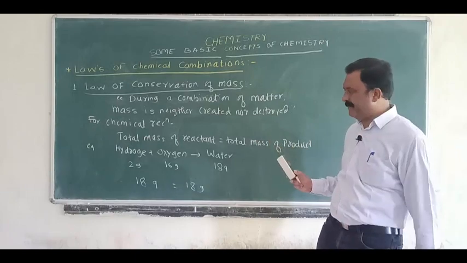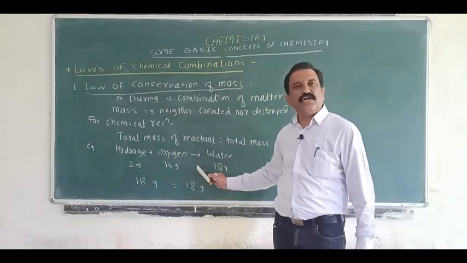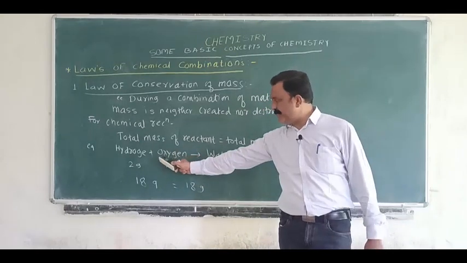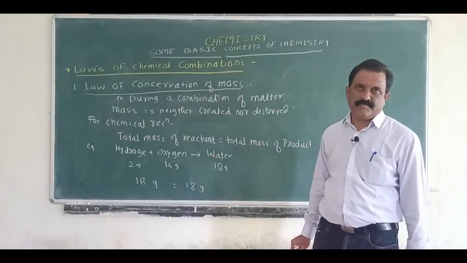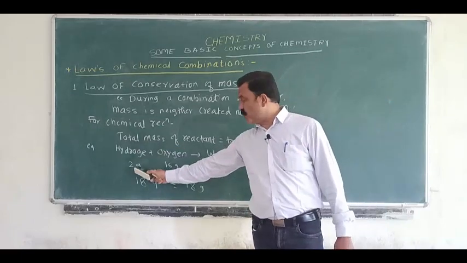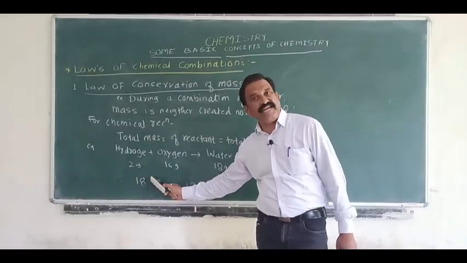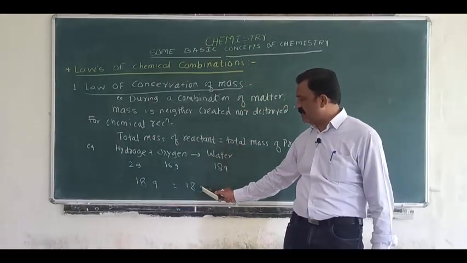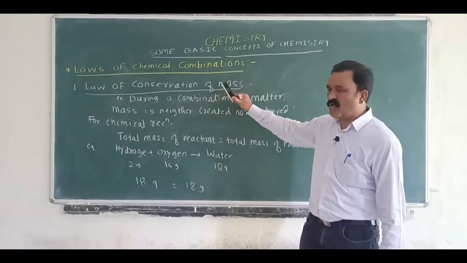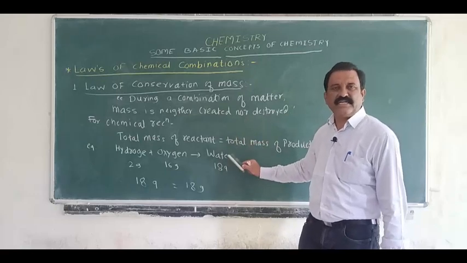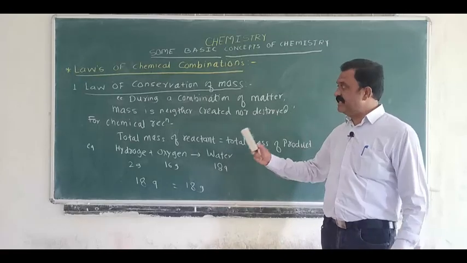For example, when hydrogen gas reacts with oxygen, a water molecule forms. The mass of hydrogen, H2, is 2 grams and of oxygen 16 grams, so the total mass of reactants is 18 grams and the total mass of water is also 18 grams. Hence, the law of conservation of mass is verified by this example.